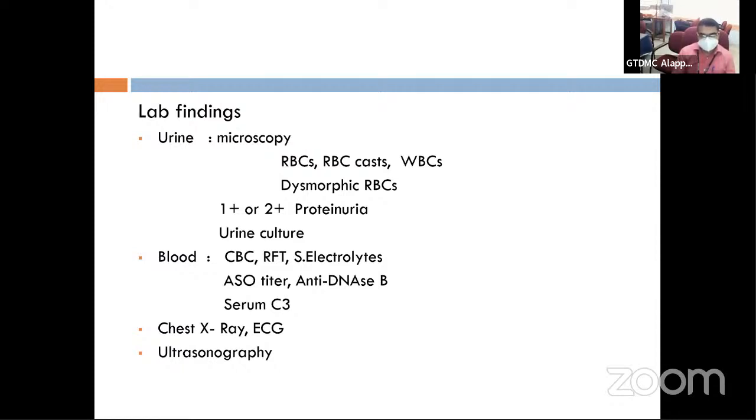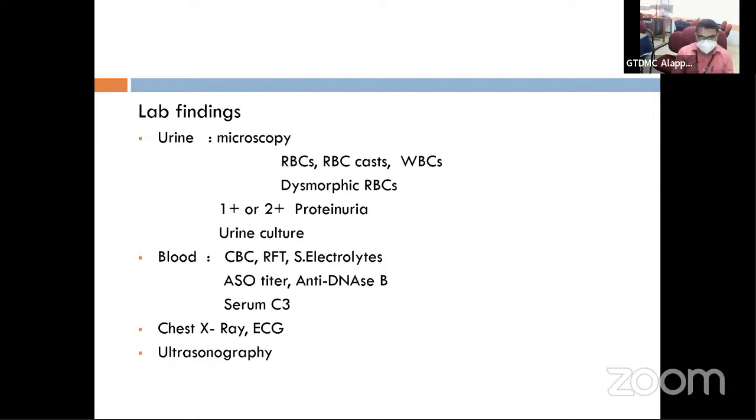Crenated or dysmorphic RBCs more than 15% is indicative of glomerular origin of the hematuria. So all these findings differentiate glomerular hematuria from lower urinary hematuria, whose causes are mainly urethritis and cystitis. Dysmorphic RBCs and RBC casts help to differentiate them.